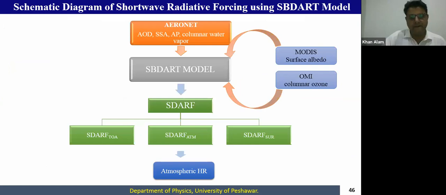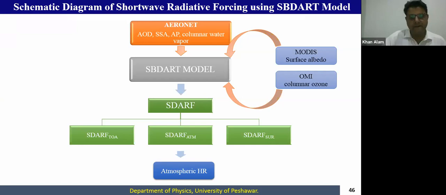So we use a model called the Santa Barbara DISORT Atmospheric Radiative Transfer model for the calculation of the radiative effects, for the calculation of solar fluxes. The main input parameters to this model are aerosol optical depth, single scattering albedo, asymmetry parameter, and water vapor, and then we need some data from MODIS, the surface albedo, and then some columnar ozone concentration, which is obtained from the OMI.